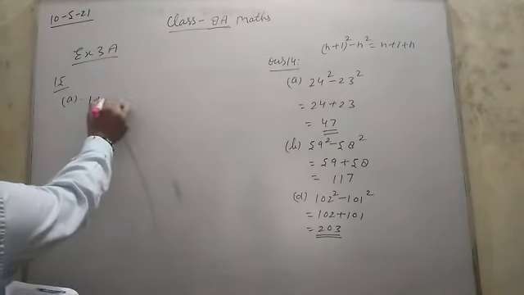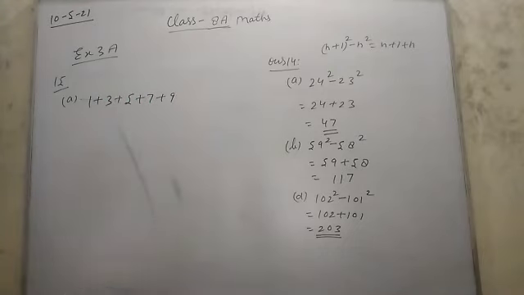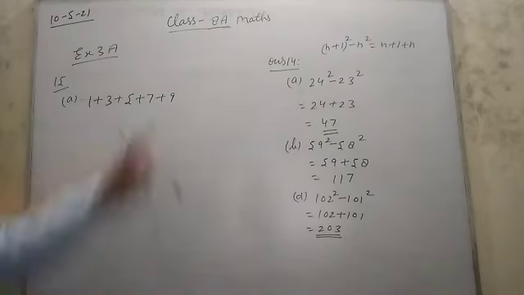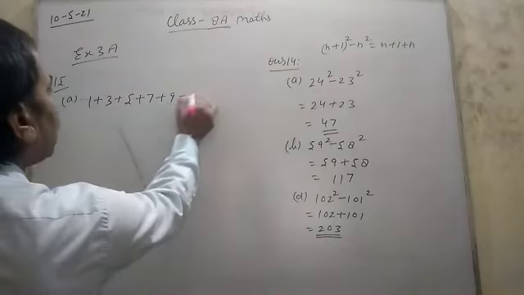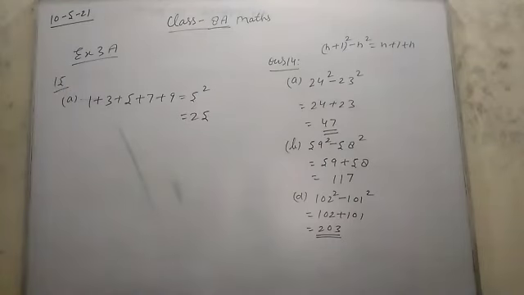So first one, 1 plus 3 plus 5 plus 7 plus 9. So how many numbers? 1, 2, 3, 4, 5. Okay. And these are consecutive odd numbers. So 5 numbers, so they will be represented as 5 square. So that will be 25. This is also a property. Okay.